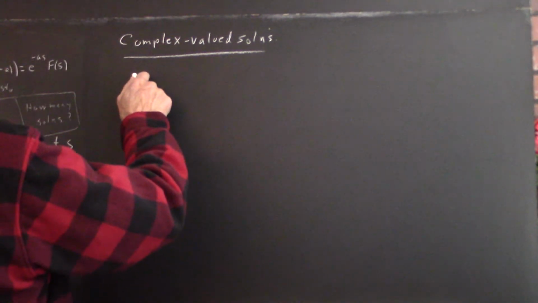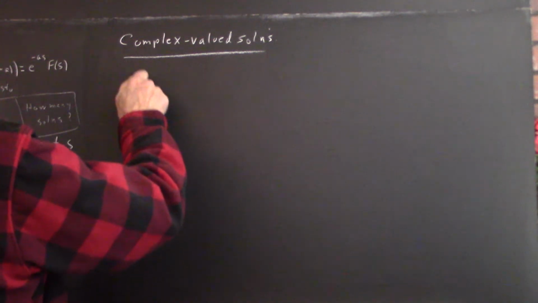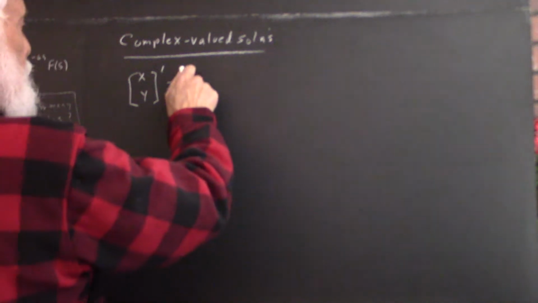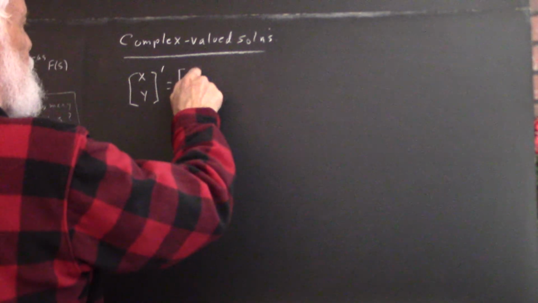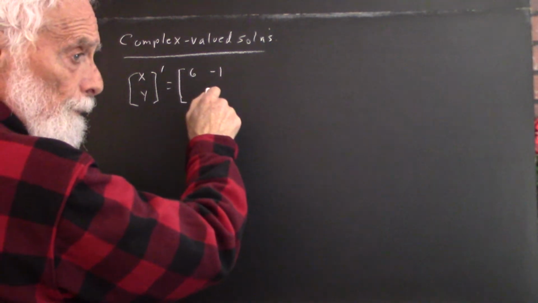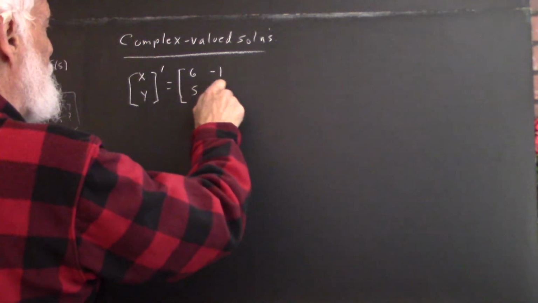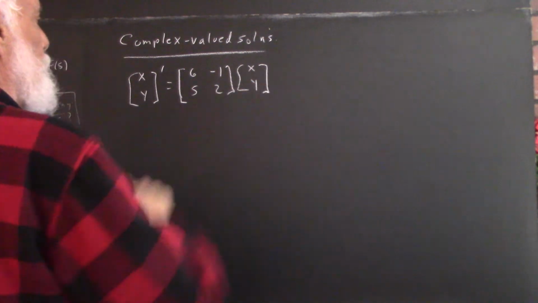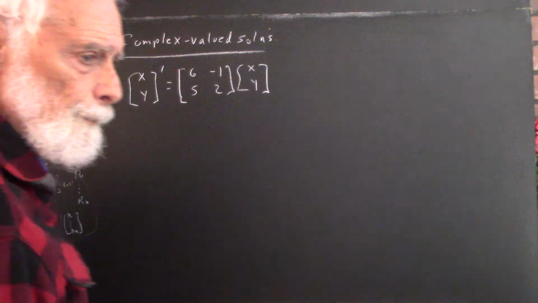And I'm going to shortcut the process, but we've got x y prime equals the matrix 6, negative 1, 5, 2 times your x y vector.